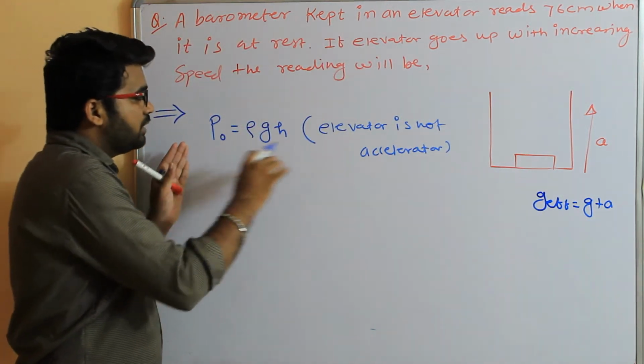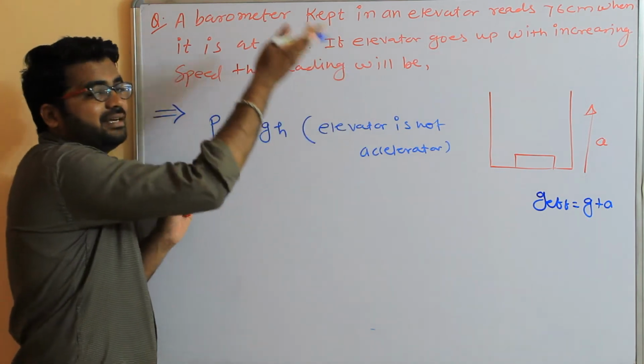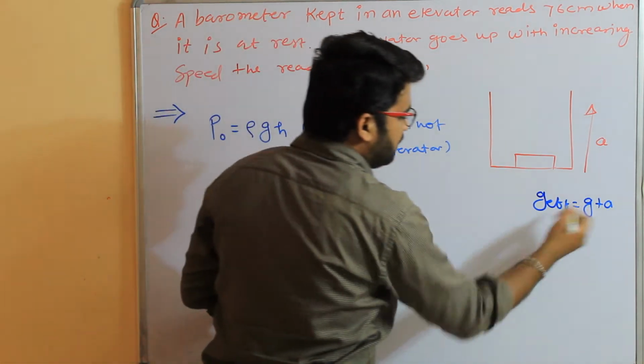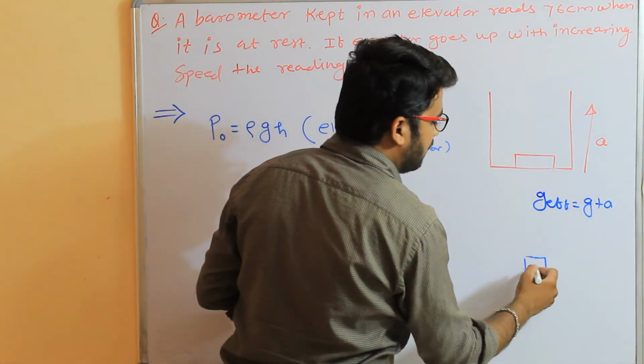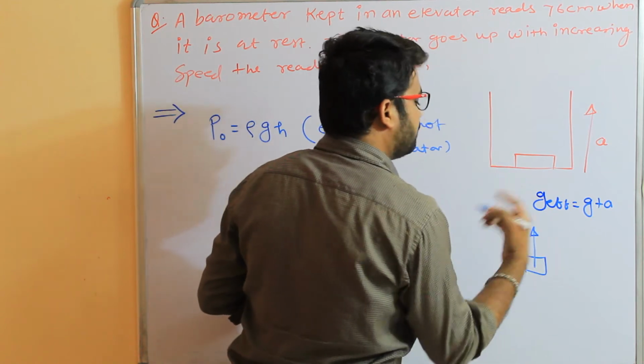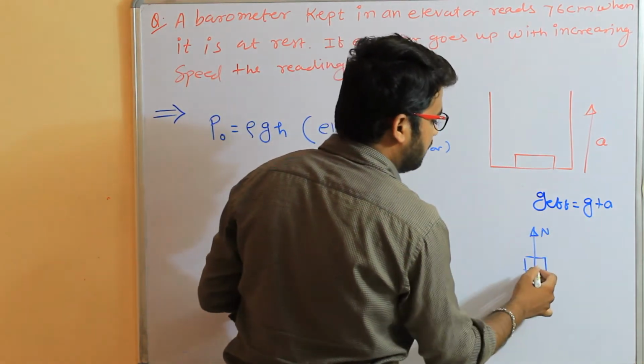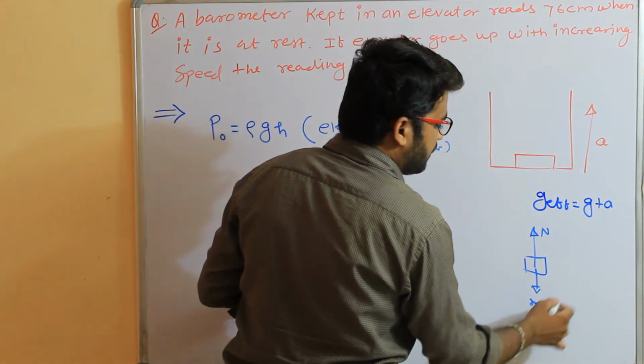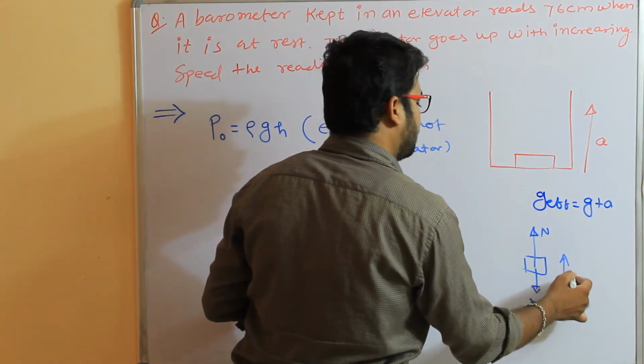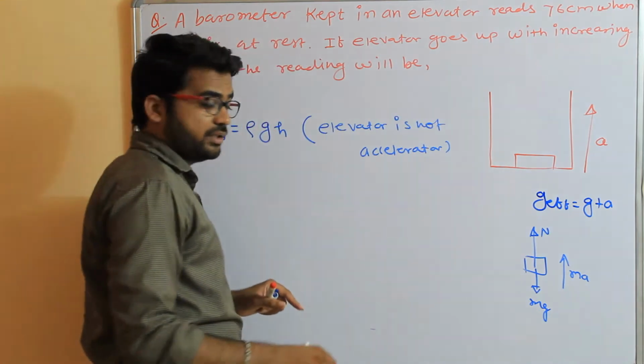Now whenever this elevator is accelerating upward with an acceleration a, how will this g effective become g plus a? We can see simply by using this. This is the normal, this is the mg, and this is the ma force, accelerating upward, supposed to be.